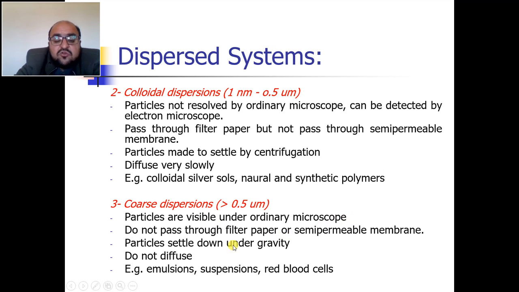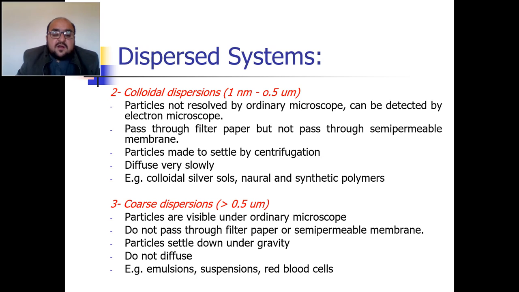In coarse dispersion, the particles do not pass through the filter paper as well as the semi-permeable membrane, and they can settle down under gravitational force, and they do not diffuse like molecular dispersion, while colloidal dispersions can diffuse very slowly.